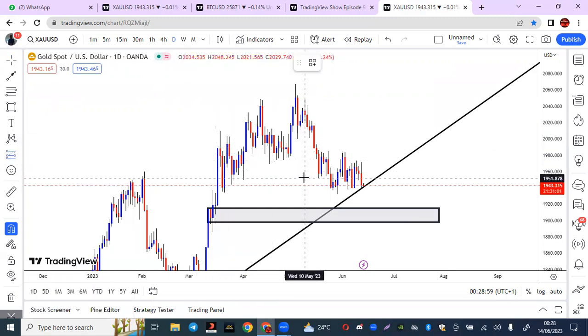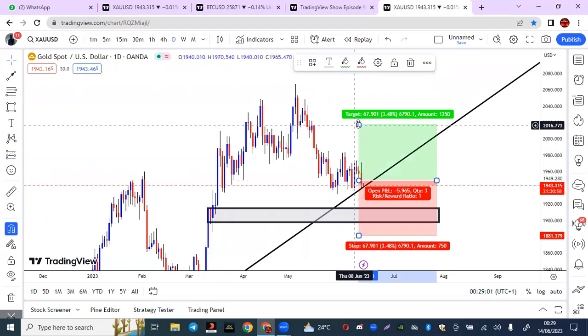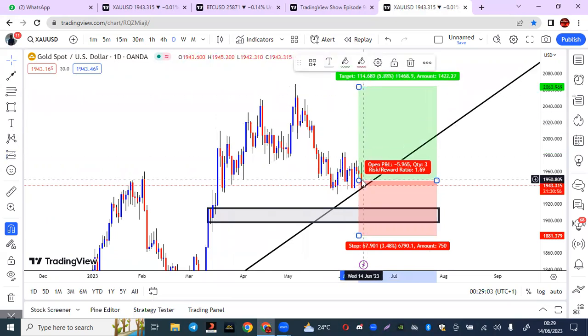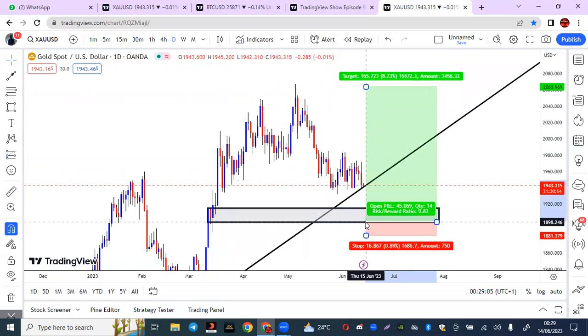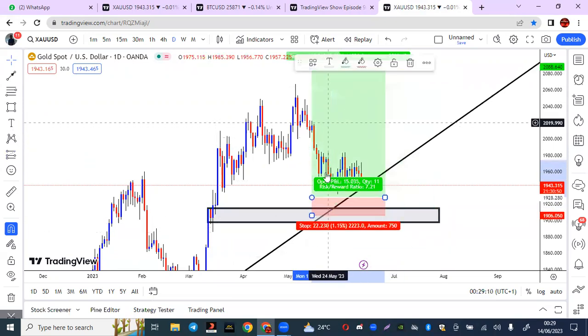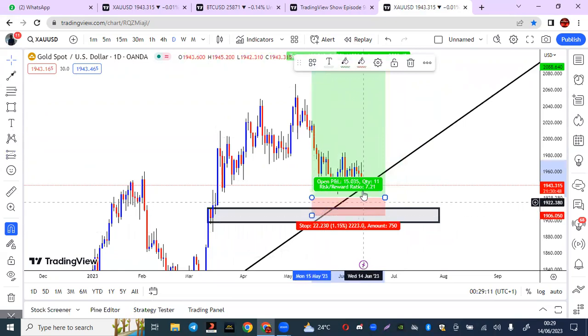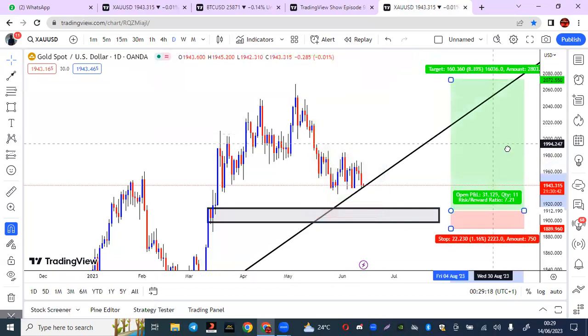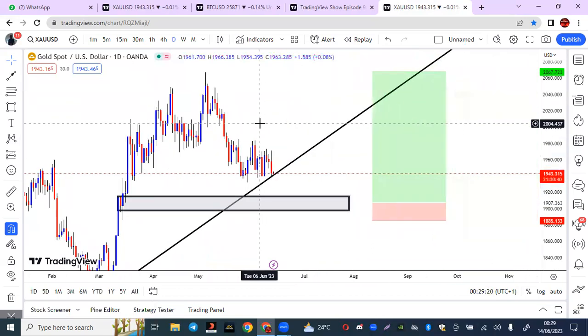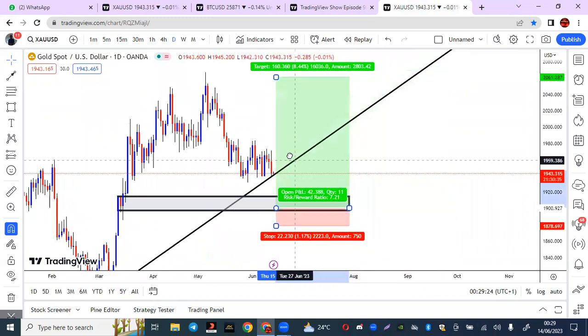For example, if I want to buy, I can just put this, and then this red part represents my stop loss, where I'm going to put it. And this green part represents the profit area. So if I'm analyzing gold and I'm expecting gold to come here and I want to take a trade, this is just for chart annotation as well.